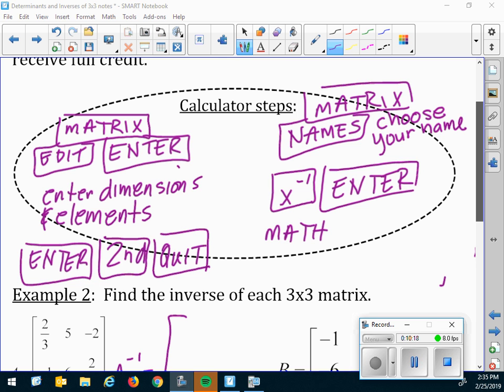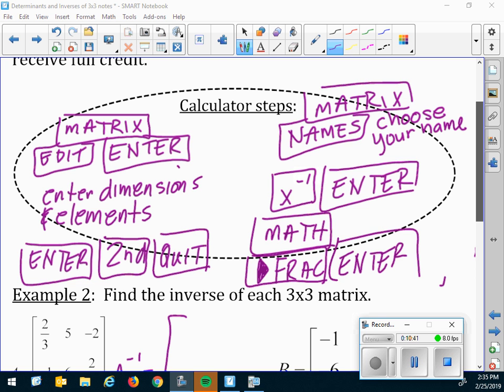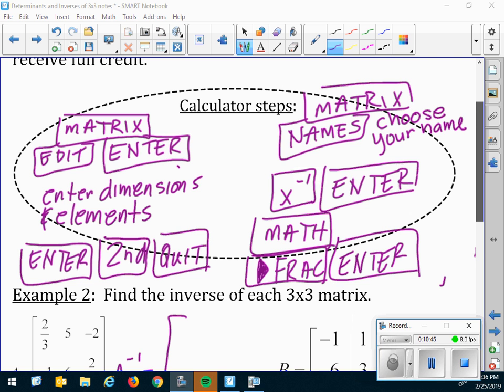Yeah, to choose it, you hit enter to choose it. I think this will take care of you.